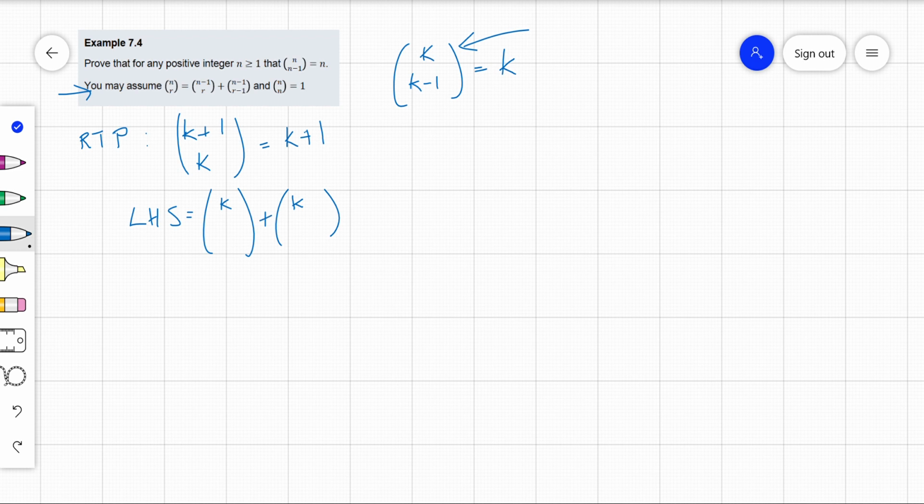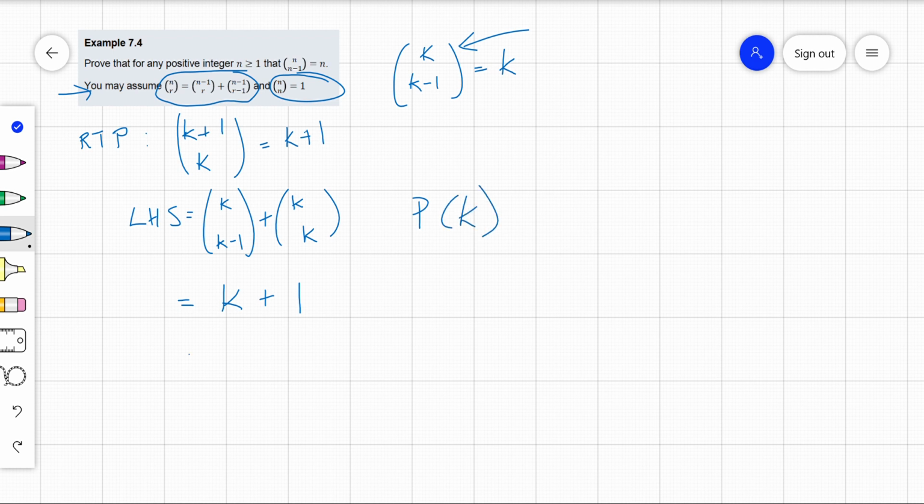One of them is going to be choose k minus 1, and one of them is going to be choose k. That's just using our assumption. So now we can use our P of k, because we've got k minus 1 choose k minus 1 is 1, and we are allowed to also assume that n choose n is 1, so k choose k would be 1. This is from our P of k.